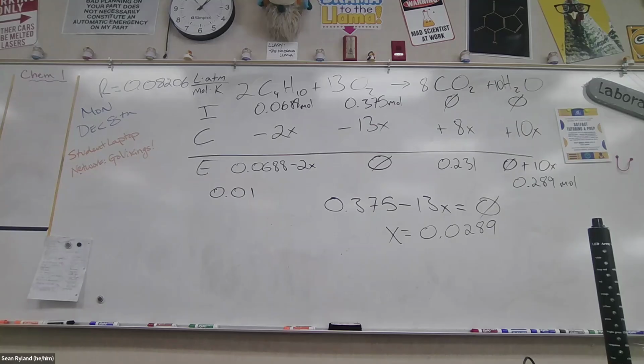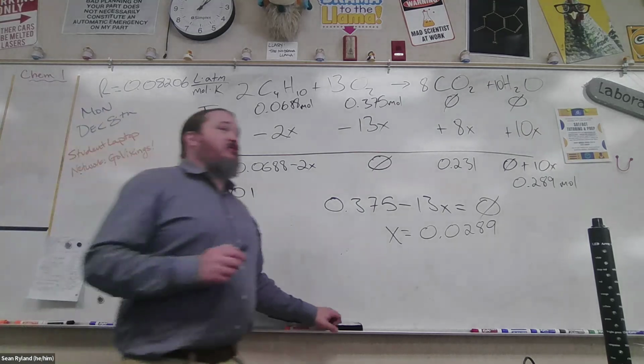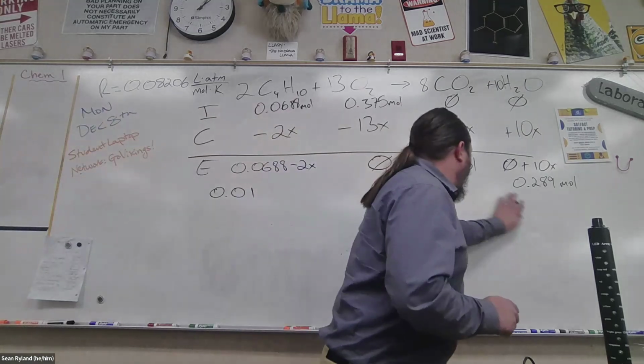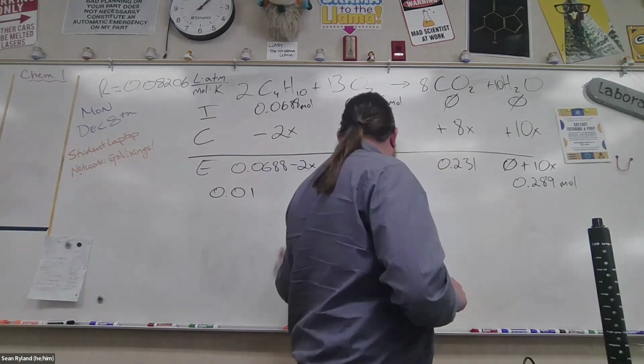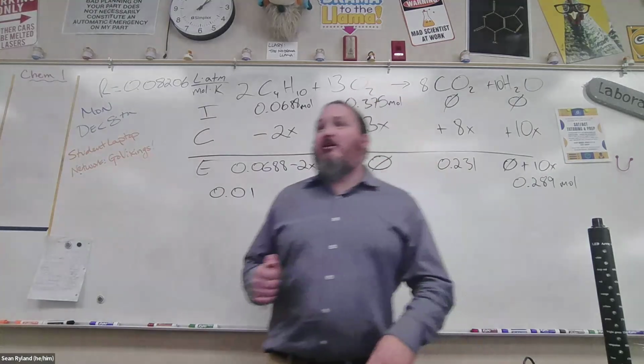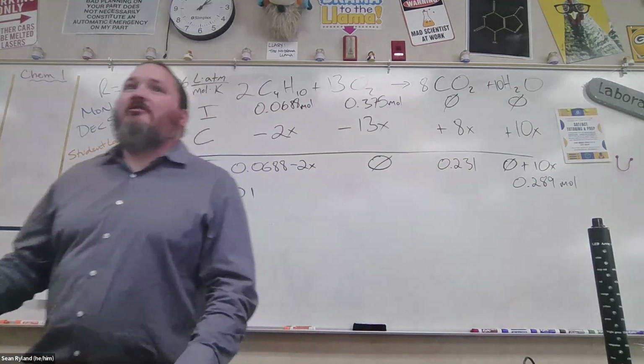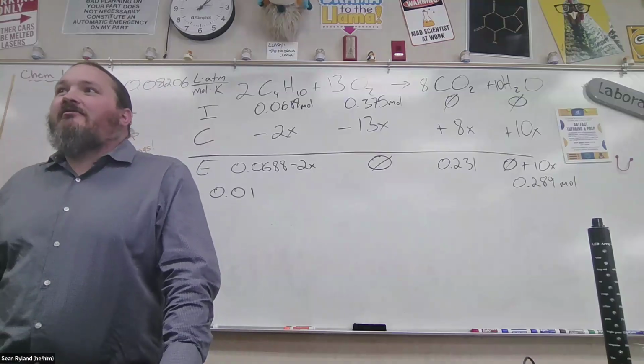If we know moles, we know volume, and we know temperature, getting the pressure for each of these is pretty straightforward, because what's the number one equation that you should think of when we're talking about pressures and temperatures and volumes? PV equals nRT.